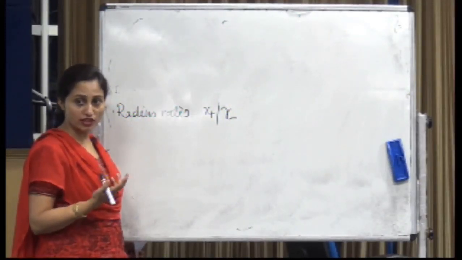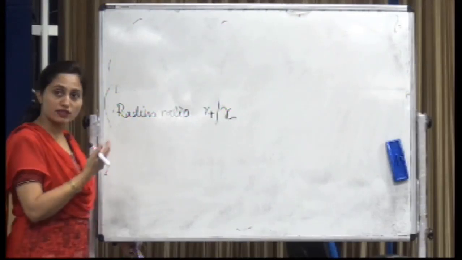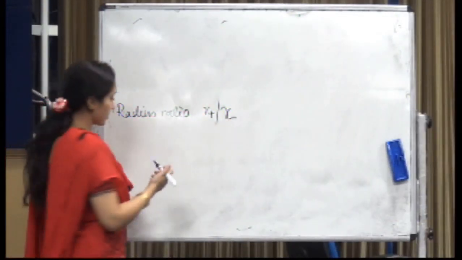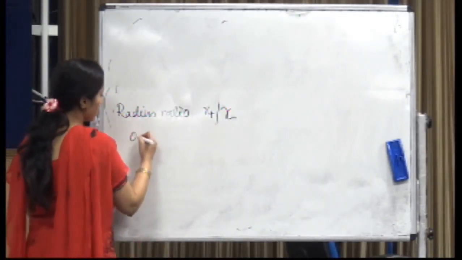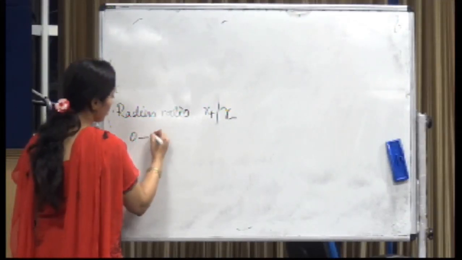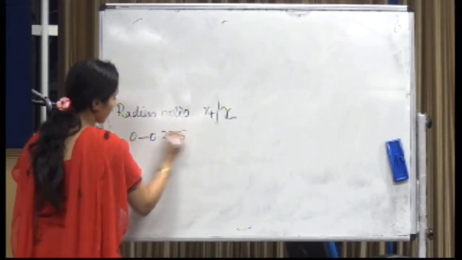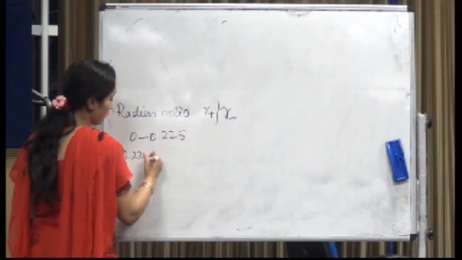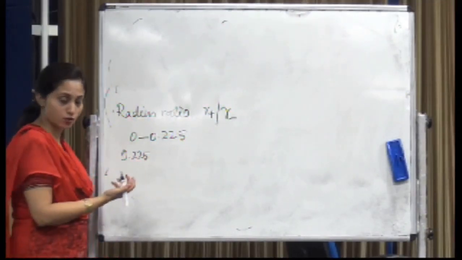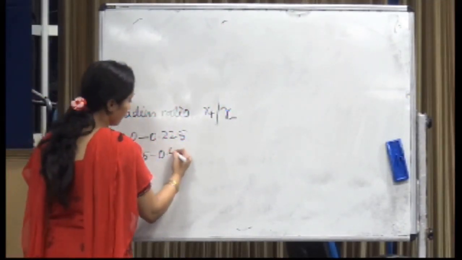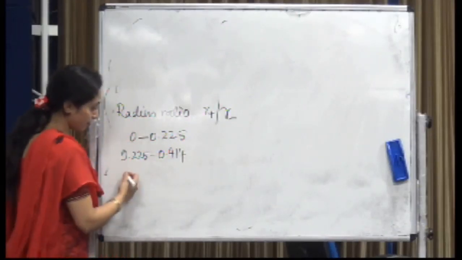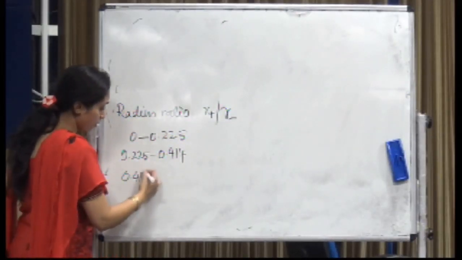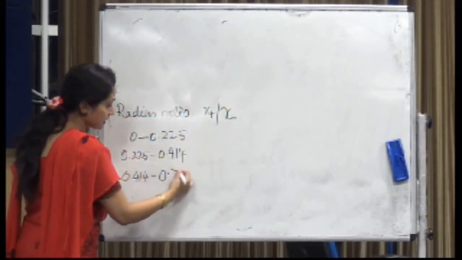Depending upon your radius ratio, you can actually predict the type of the void which is possessed. These are the values of the radius ratios: 0.0 to 0.225, then 0.225 to 0.414, then 0.414 to 0.732.